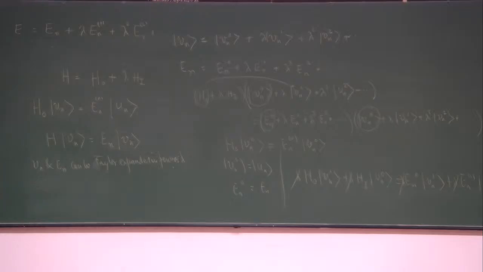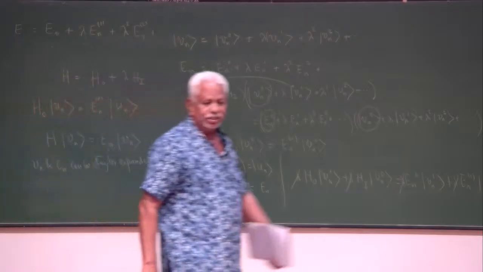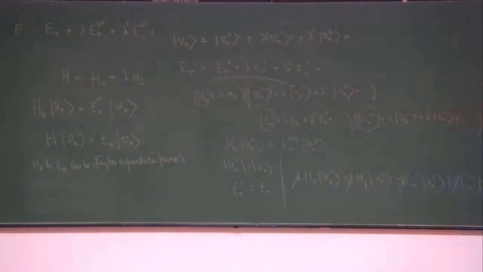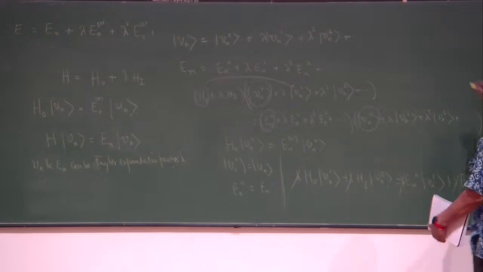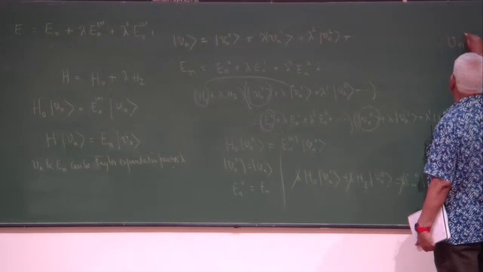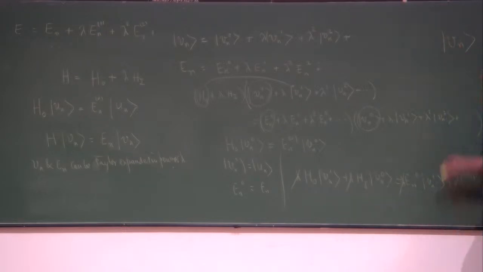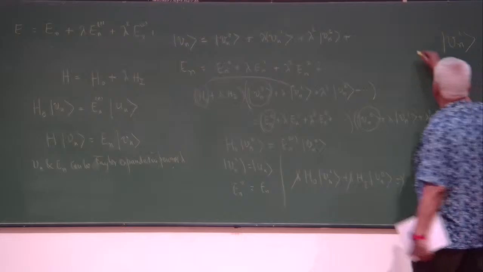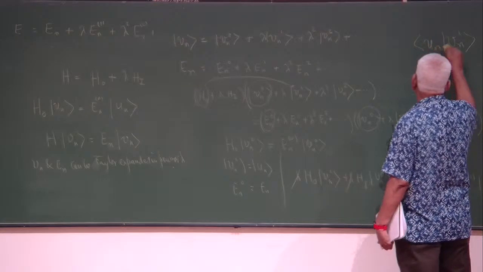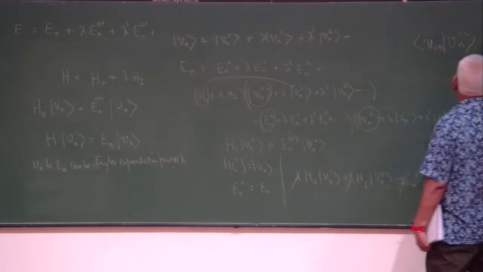Now what I am going to assume, which is easy to prove, is that Vn1, Vn2, etc., in general Vni, is orthogonal to Un.